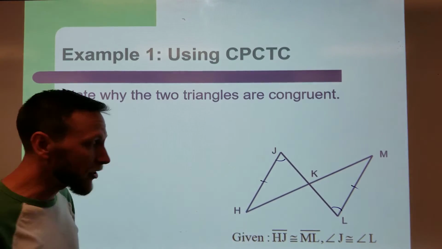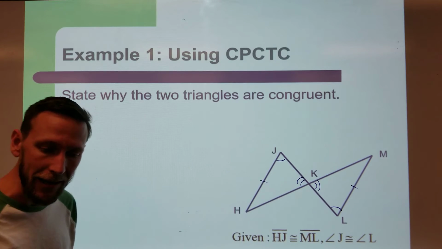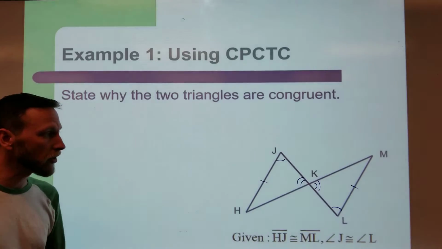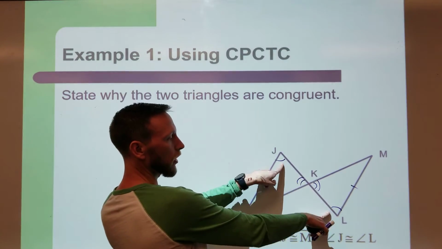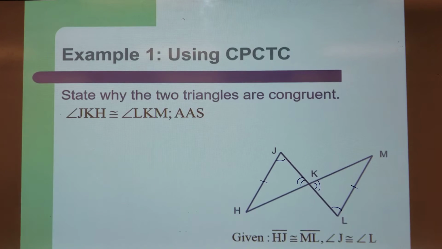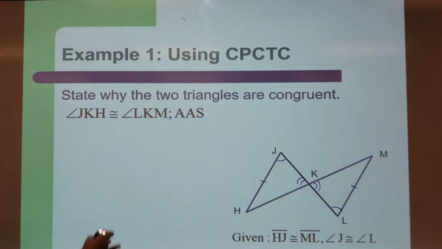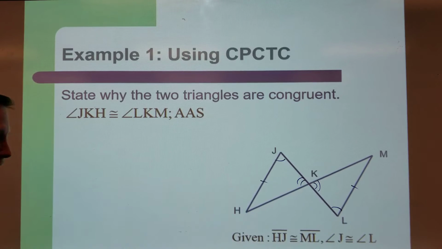And then finally, as I mentioned moments ago, we have these vertical angles around point K that are also congruent to each other. So these 2 triangles are congruent by the angle, angle, side shortcut. Because these angles are congruent using the vertical angles theorem, along with the other given information, I know that these triangles are congruent using angle, angle, side.